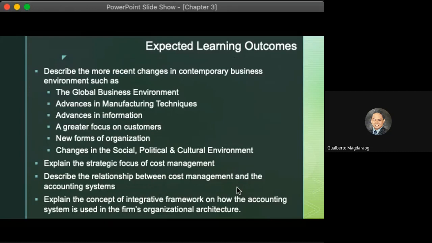And then explain the strategic focus of cost management, relationship between cost management and accounting system, and then yung integrative framework natin.